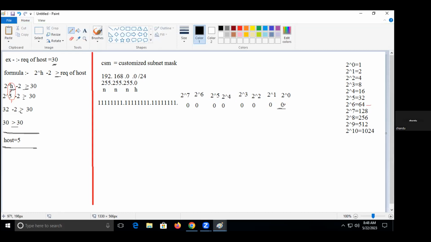So the value of 2 power 0 is 1, 2 power 1 is 2, 2 power 2 is 4, 2 power 3 is 8, 2 power 4 is 16, 2 power 5 is 32, next is 64, and next one is 128.